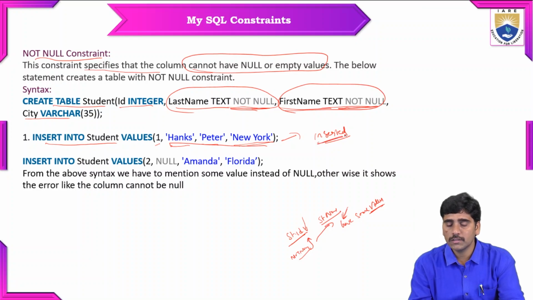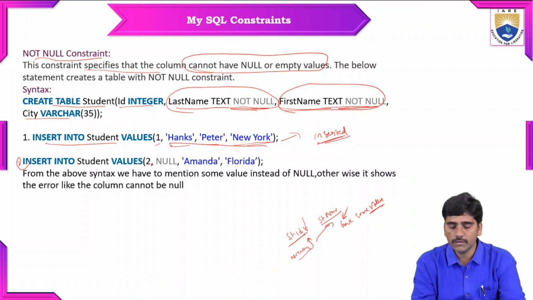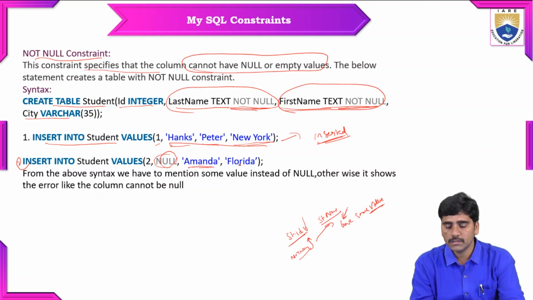But in the second case, insert into student values, ID we inserted, and the last name null, so we are not inserting any value, and the first name and the city we are inserting. In this case, we have to mention some value instead of null.